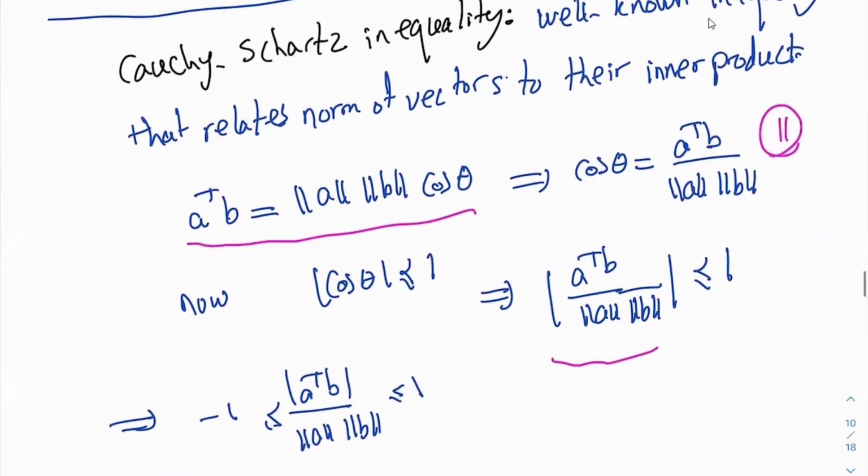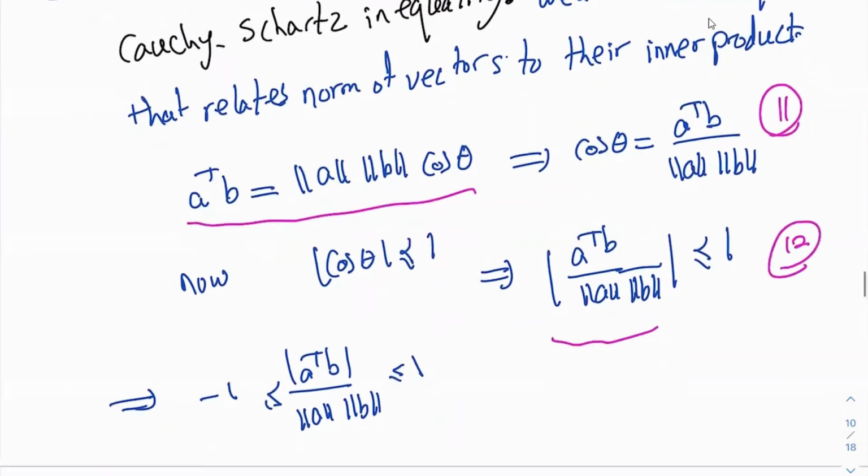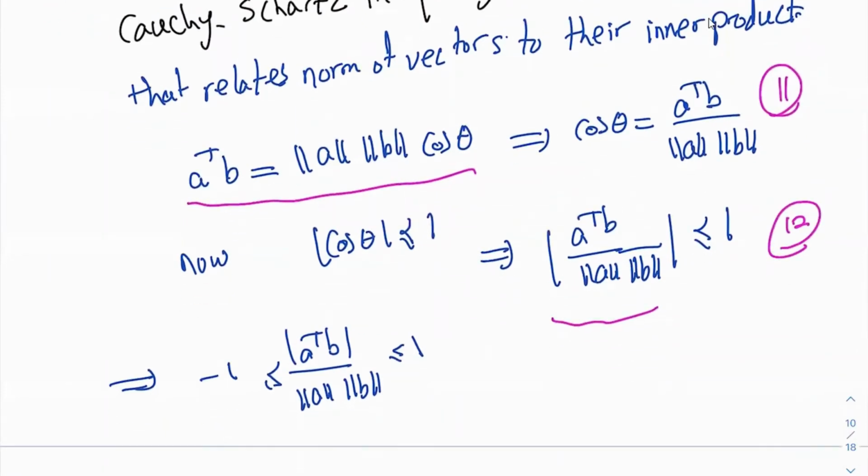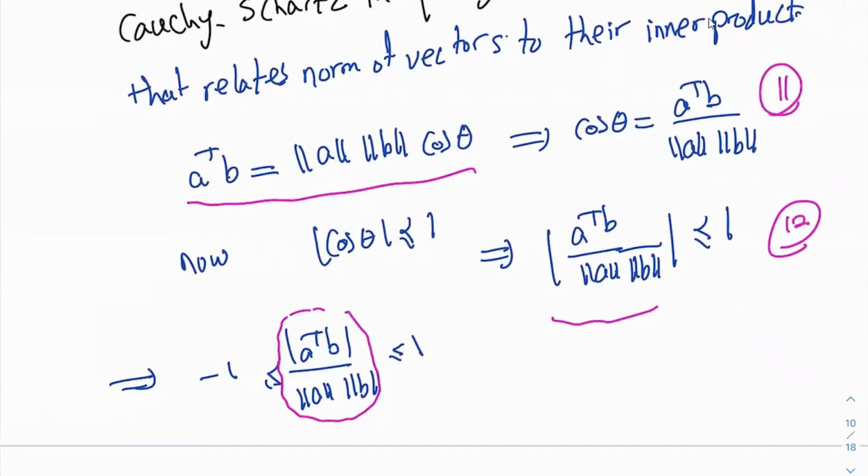In a sense, in equation 12, these norms are positive. Remember, norm is positive, one of the properties of norm, so you don't have to put the absolute value on them.